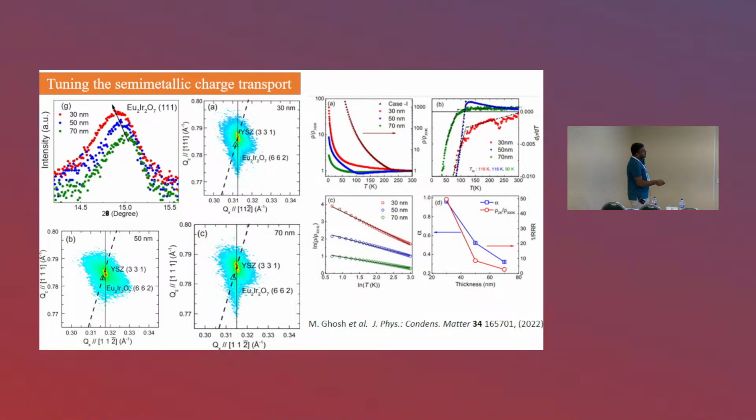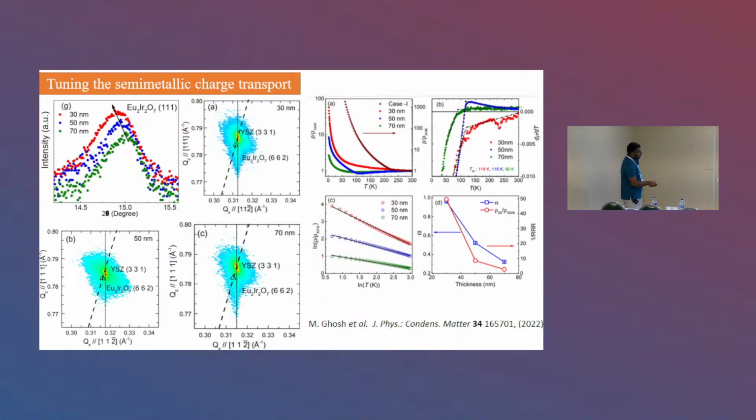So this is the derivative plot to capture the transition temperature. We took the slopes of the high temperature derivative and low temperature derivative, and you can see a systematic change in the transition temperature occurring. Now we fitted the low temperature data, like 2 to 25 Kelvin, to a power law, ln rho versus ln T, and we fitted with a nice straight line.